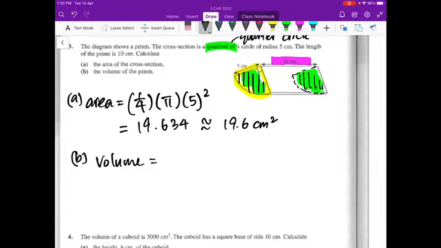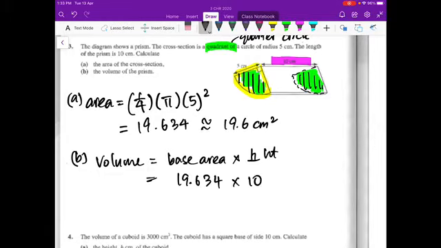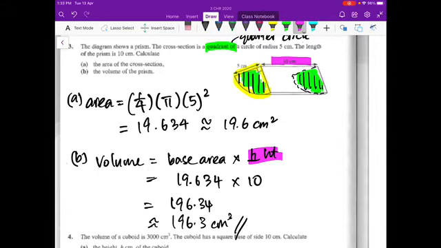I removed so much, still too fast. Volume, so base area times the perpendicular height. So that will be 19.634 times 10. So this is our perpendicular height.